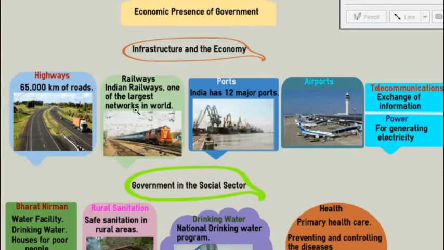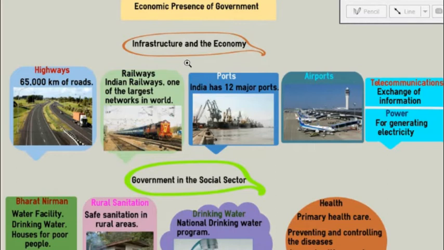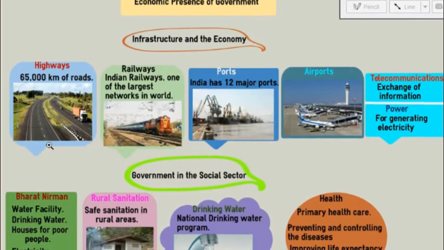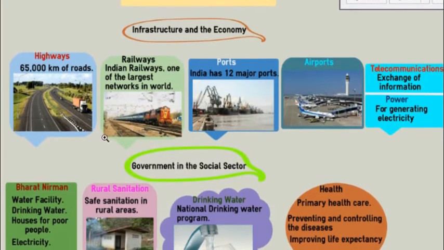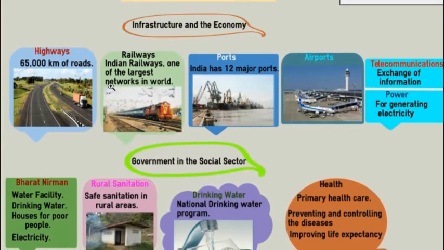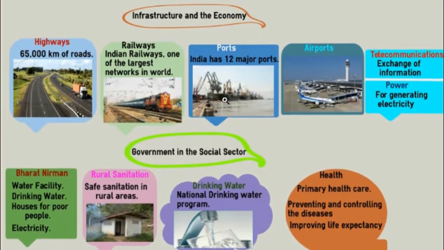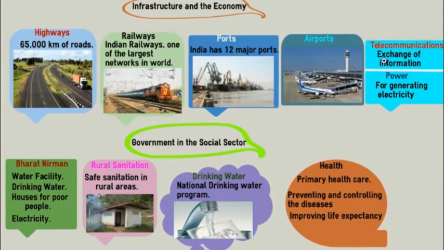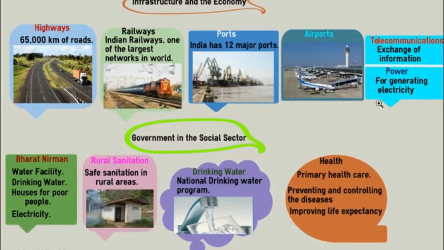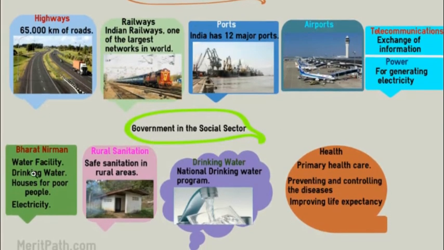Let us have a quick view of the chapter Economic Presence of Government. Infrastructure and the economy: highways, 65,000 km of roads in India; railways, Indian Railways, one of the largest networks in the world; ports, India has 12 major ports; airports; telecommunications, exchange of information; power or electricity.